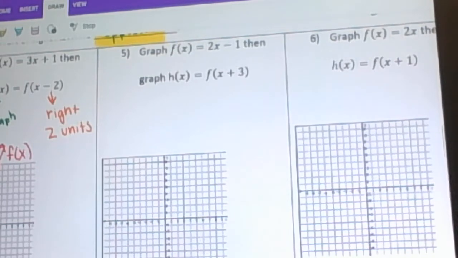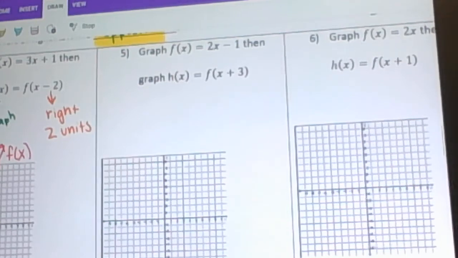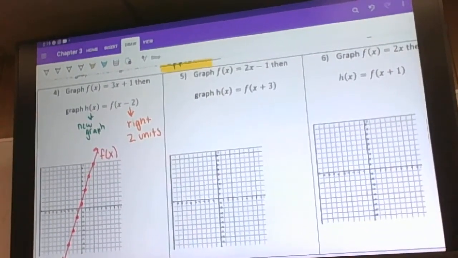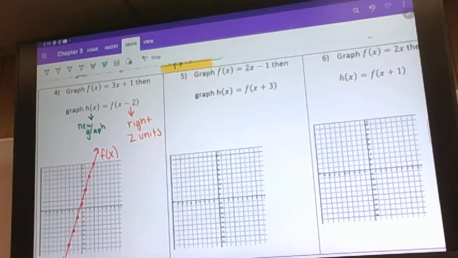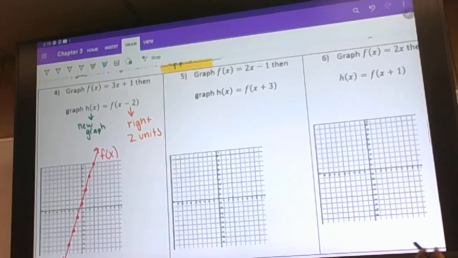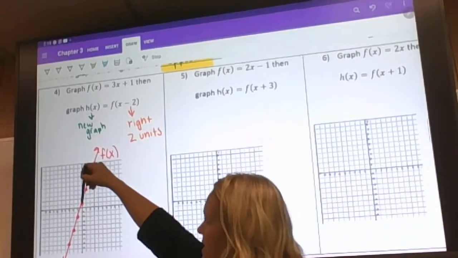Yeah, it's opposite. It's not adding. You could pick any point and count right.